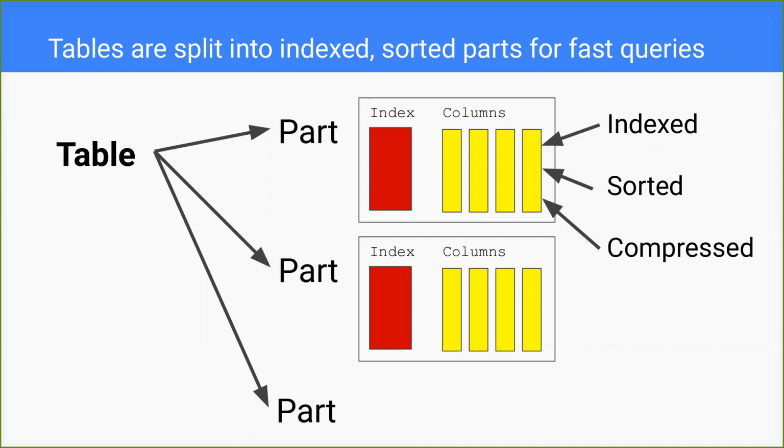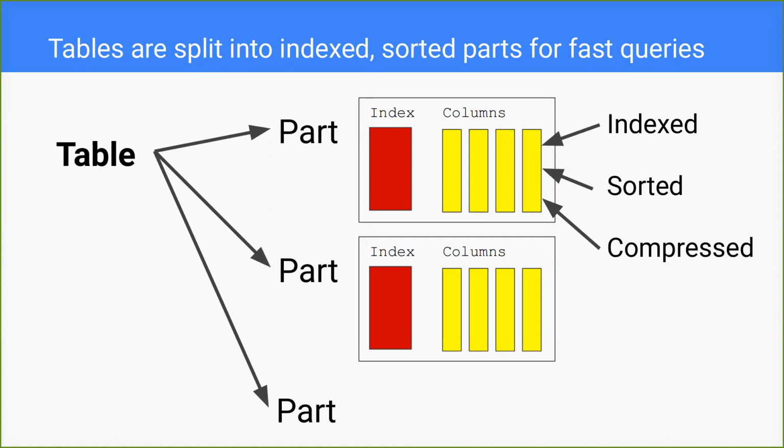And it's divided, of course, into columns. Those columns are accessible through the index, which is based on the sort order. Those columns are also sorted, so the values in the columns are sorted in the same sort order for the table as a whole. And then those columns, very importantly, are compressed by default using LZ4 compression, but there are many others that you can use.